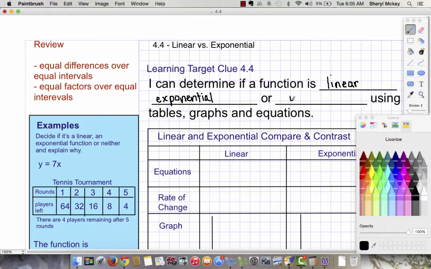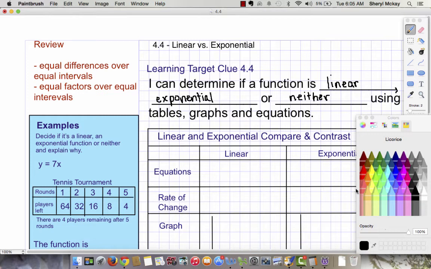Or neither. Using tables, graphs, and equations. I'm going to put a little comma there. So I can determine if a function is linear, exponential, or neither using tables, graphs, and functions.